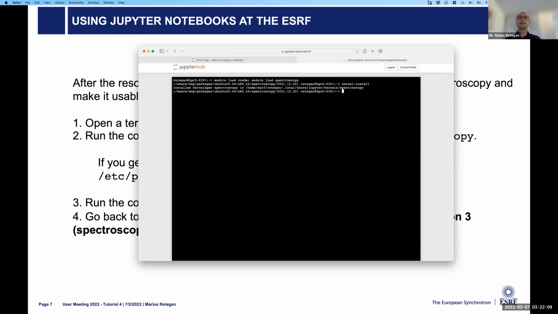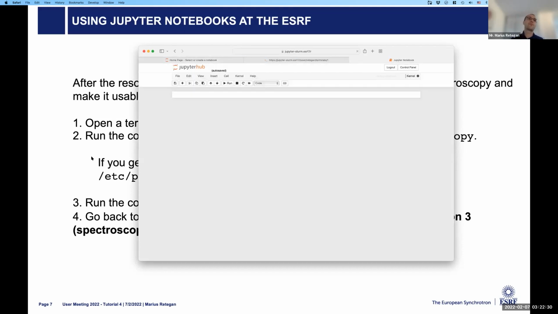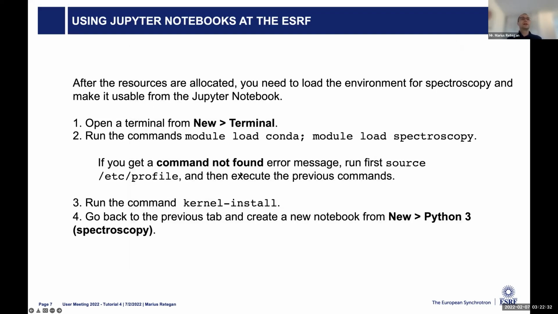With this command, kernel install, you make this environment, which is a Conda environment, available in the Jupyter notebook. So after I run these commands, I could go back and do a new, and then I do a Python 3. I would have this Python 3 spectroscopy. So you would start a new notebook. This is described in the presentation, what you should do.